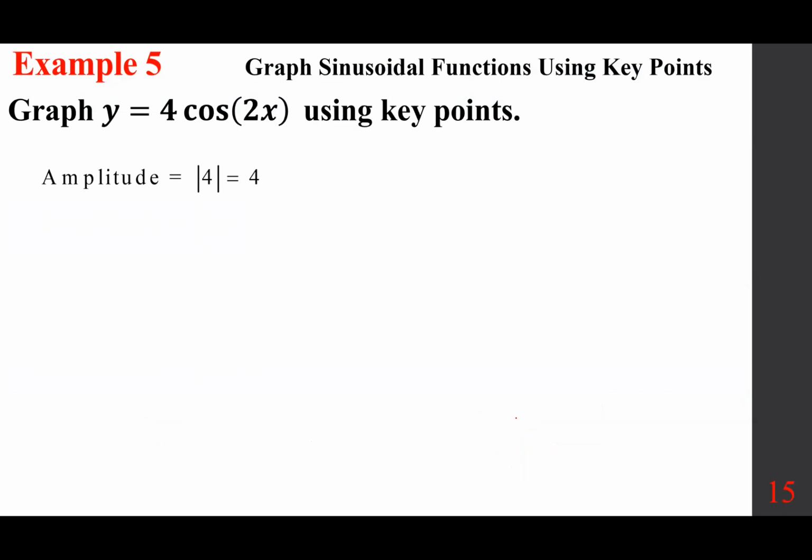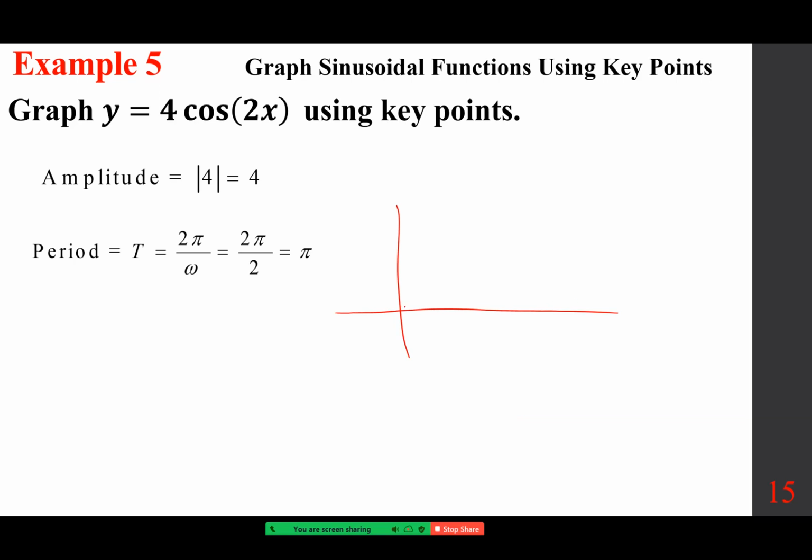The period T is 2 pi over omega, or 2 pi over 2, or pi. And the idea is this, I'll show you with more details. You know the graph looks like this because it's cosine, my apologies.